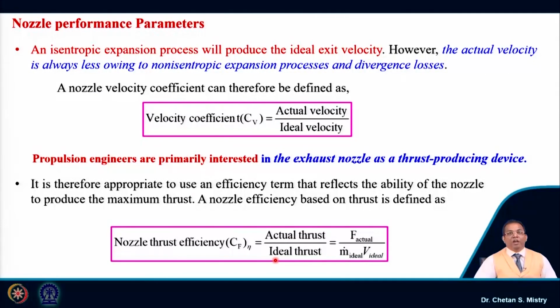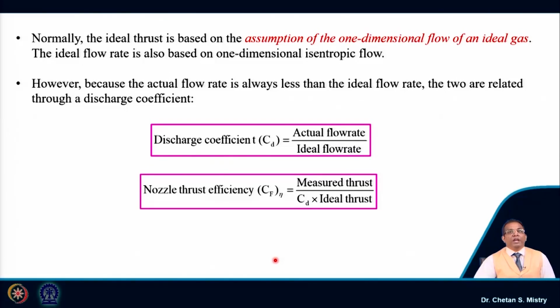Okay. Now, we know that in the ideal configuration we consider the flow to be isentropic and one-dimensional, but in actual conditions that is not the real scenario, and that is the reason why people have introduced the terminology called discharge coefficient, which takes care of the change in mass flow rate, the actual mass flow rate relative to the ideal mass flow rate.